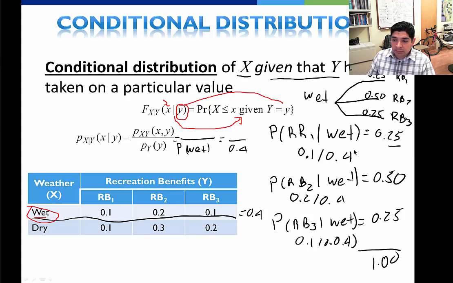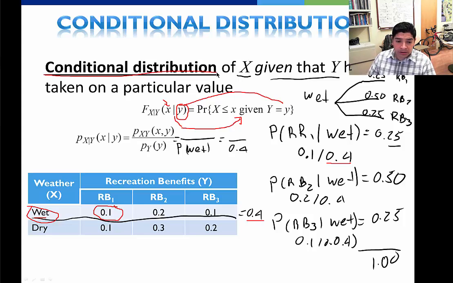In this case it will be dividing the joint probability over the marginal probability, which is this 0.4.